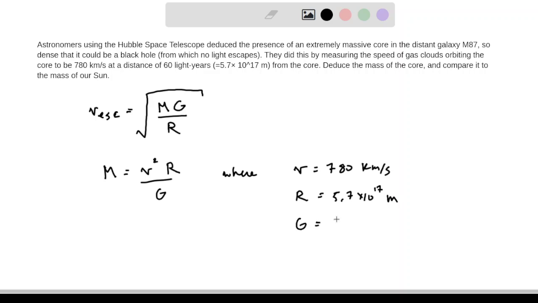And the gravitational constant G is equal to roughly 6.67 times 10 to the minus 11, with units of meter cubed, kilograms to the minus 1, and seconds to the minus 2. So now we're going to have to be a little bit careful of units here. Let's transform the velocity into meters per second. So this will be equal to 780 times 10 to the 3 meters per second.